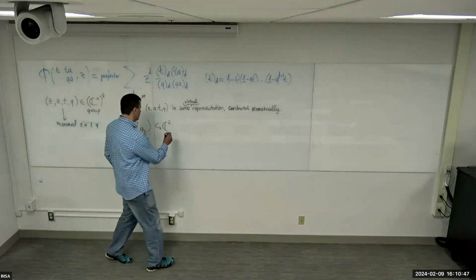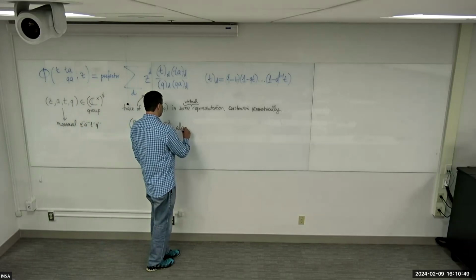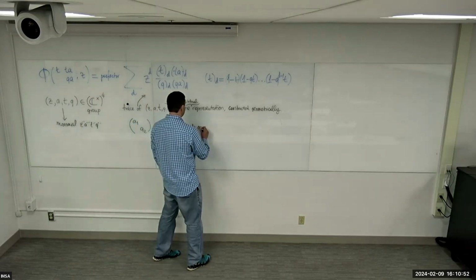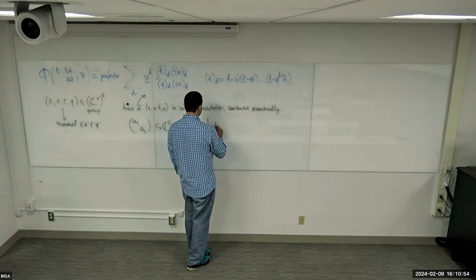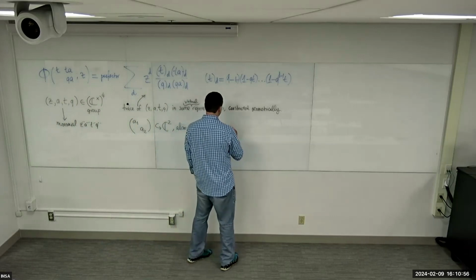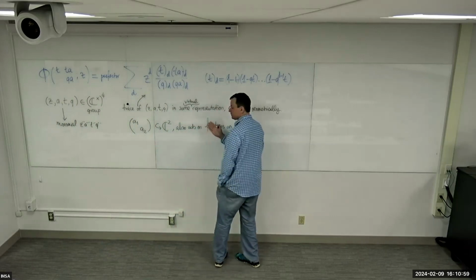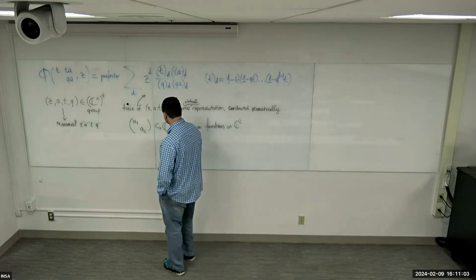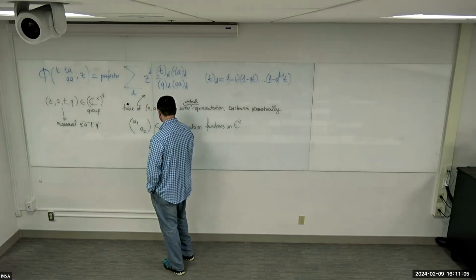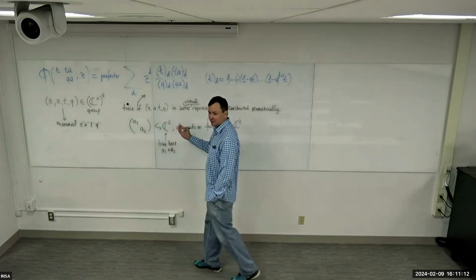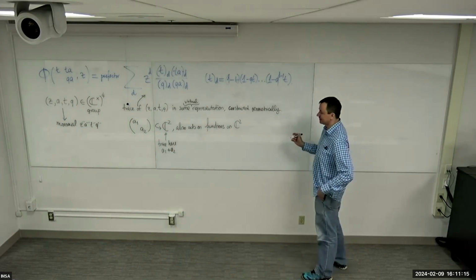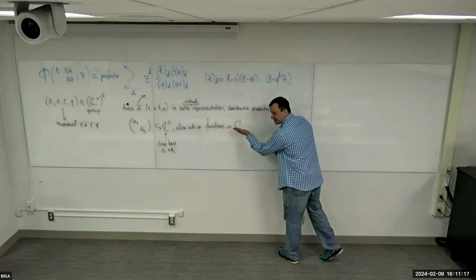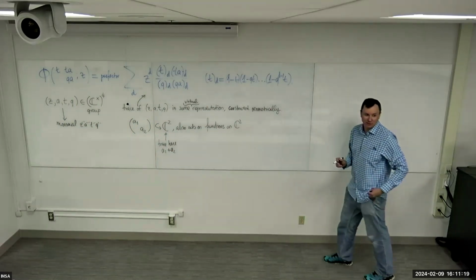But it also acts on functions. So there will be an infinite dimensional representation. And the trace here equals A1 plus A2. I don't need to insult your intelligence, but if I look at functions of C2, what's it going to be?